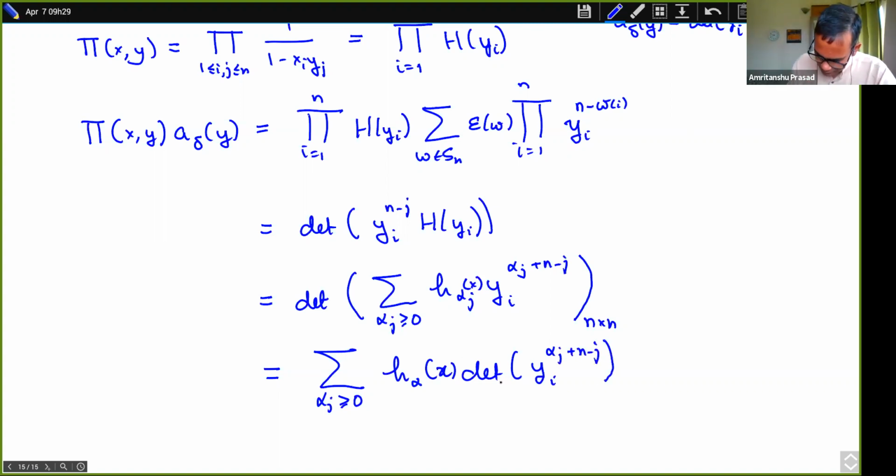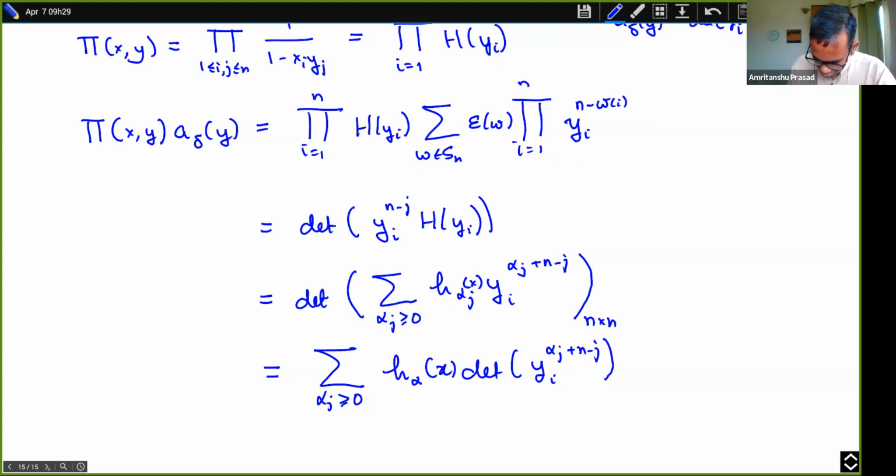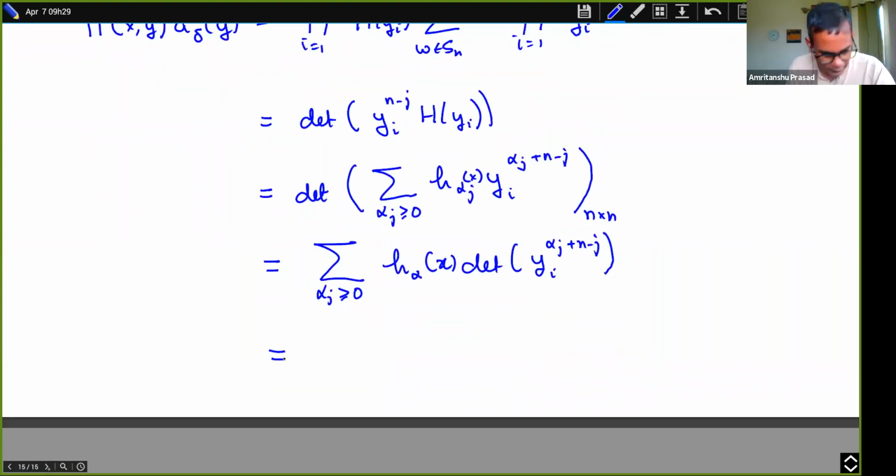Now this is nothing but the numerator of the Cauchy bialternant form for the Schur function. So this is the summation over all alpha of h alpha times a alpha plus delta of y. Now here alpha is not running over partitions, but over all n-tuples of non-negative integers.